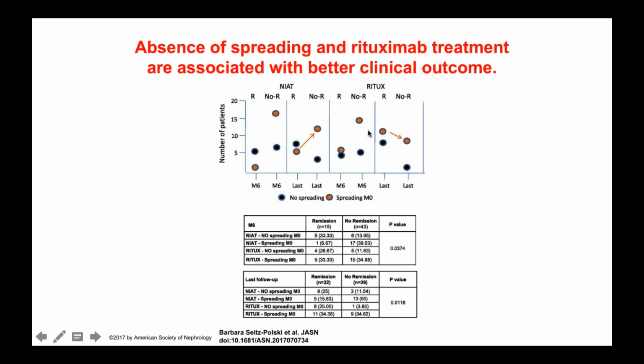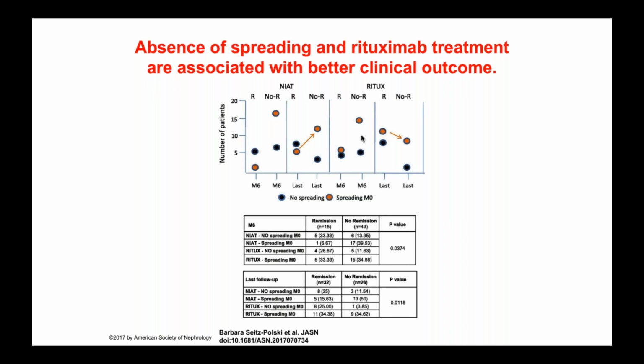On the other hand, if you identify these subjects and if you treat them with Rituximab, they are more likely, although not as likely as patients who do not have spreading, but they are much more likely compared to patients who are treated only with non-specific therapy to enter remission. So what it means is that if you are able to identify patients with epitope spreading, then you can potentially identify high-risk patients who are less likely to respond with supportive therapy alone.